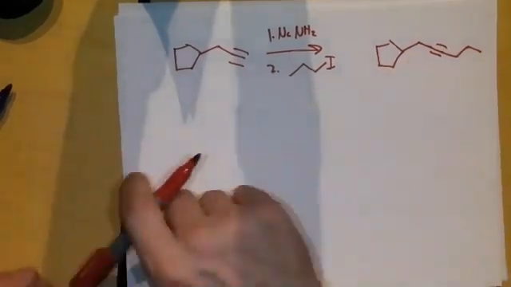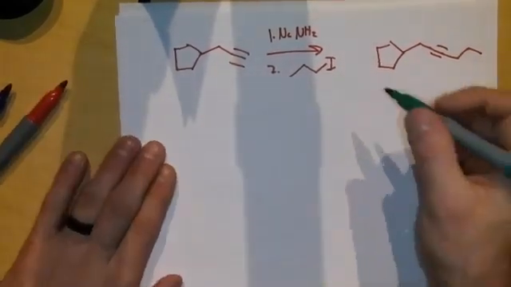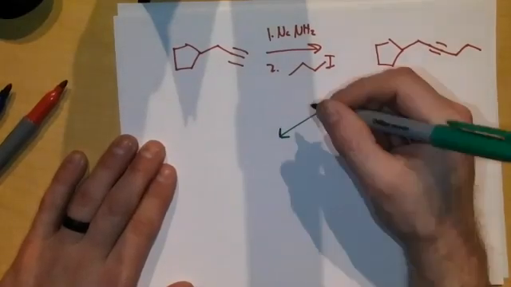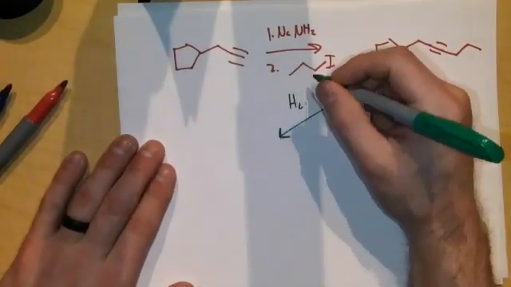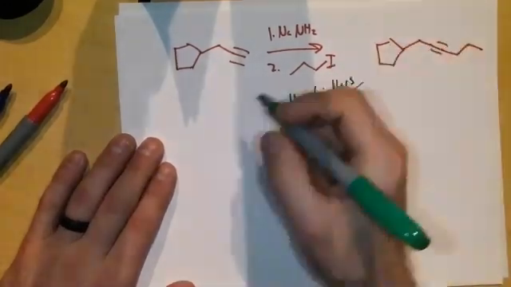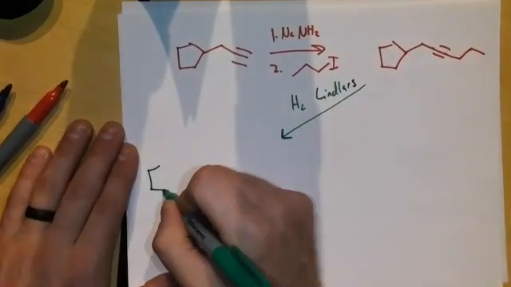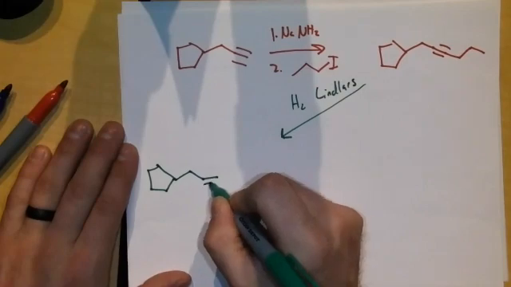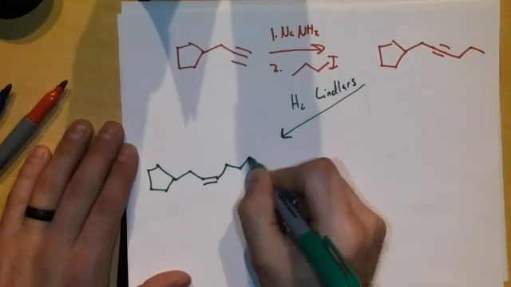You can either use H2 and Lindlar's, or you can use sodium and NH3. So I'm going to draw the H2 and Lindlar's pathway first. You'd make a cis bond.